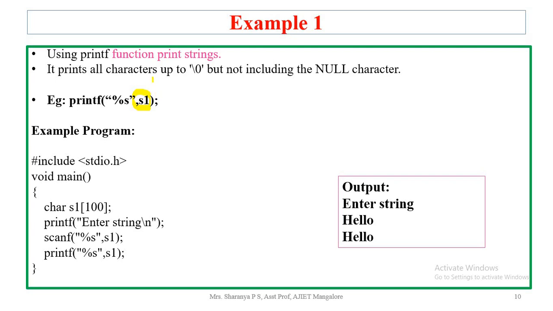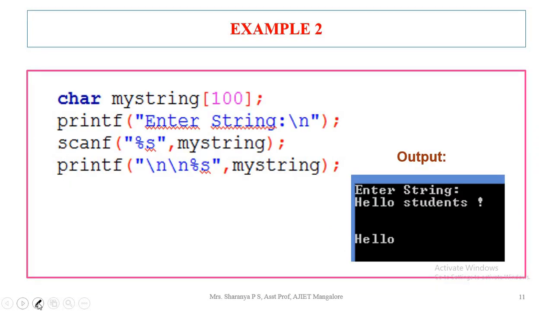Only during the declaration will we mention the size. Here we are taking the string with scanf and printf. Here S1 is read, with the value hello entered. With the next printf statement, we print this hello back onto the output screen. This is how we can make use of printf and scanf.